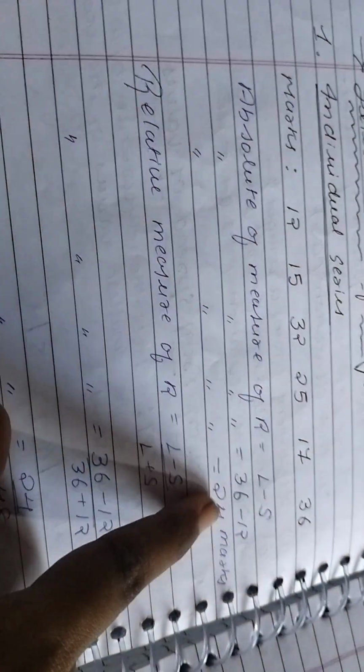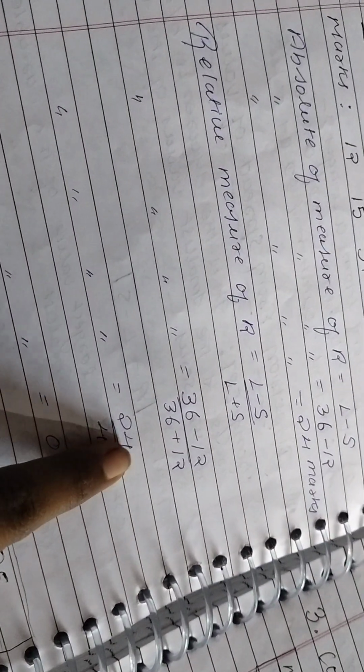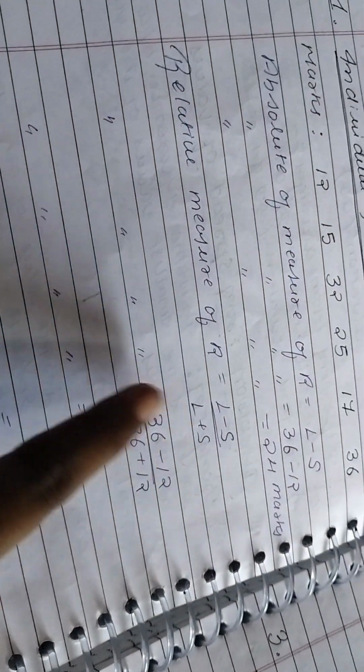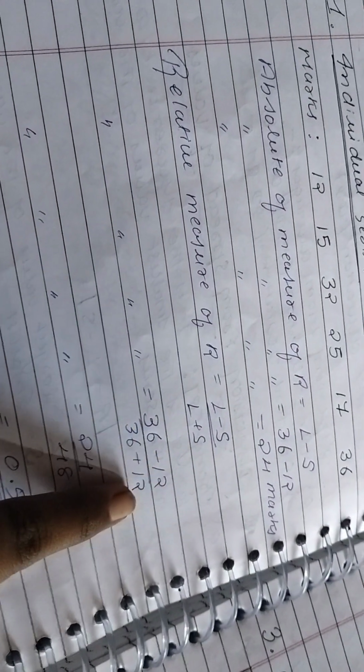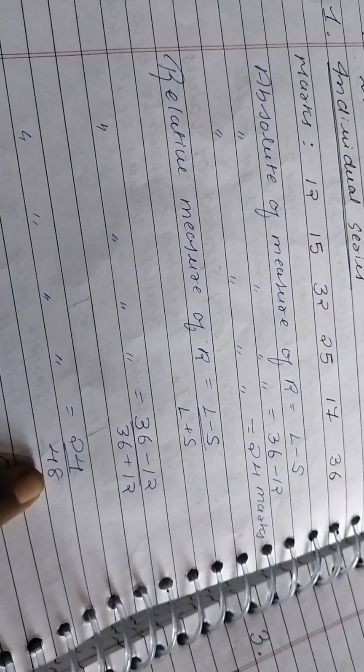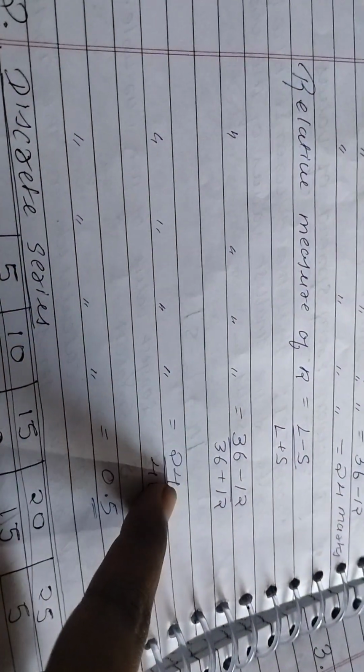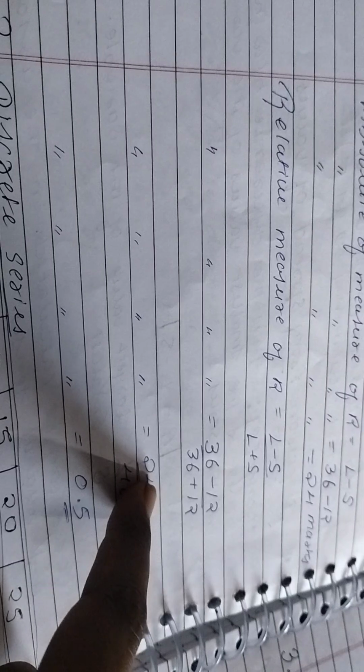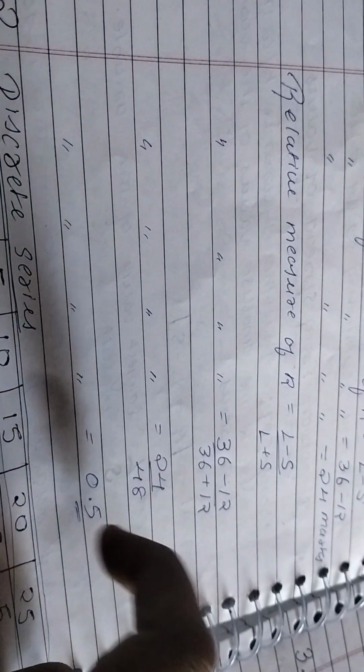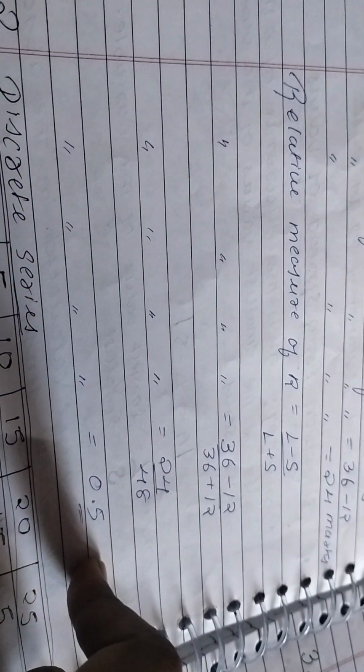While subtracting we get the same answer 24, but in the addition we add the largest value and the smallest value, which gives 48. When we simplify it, we get the answer 0.5.